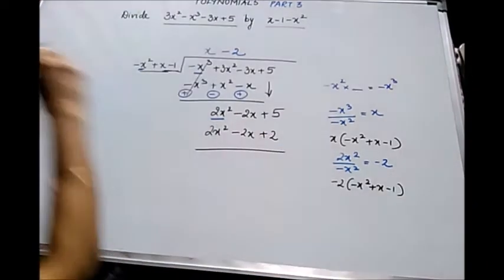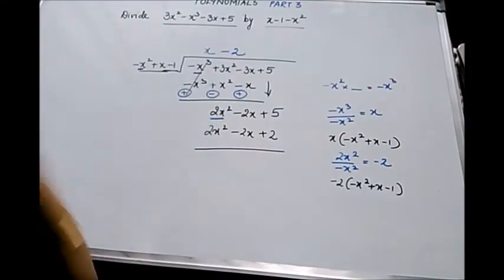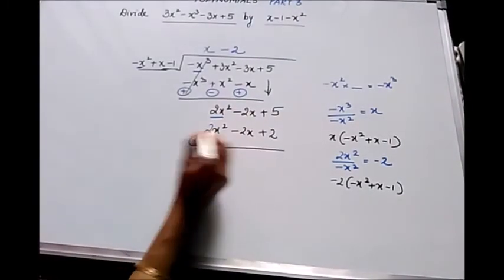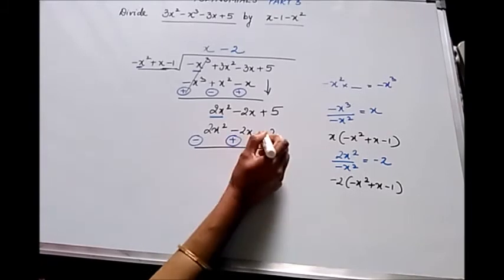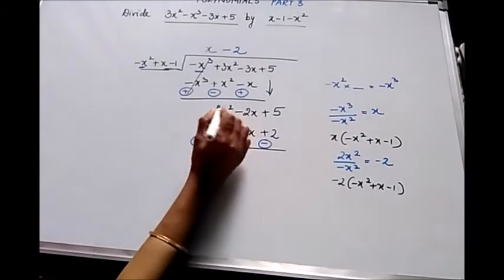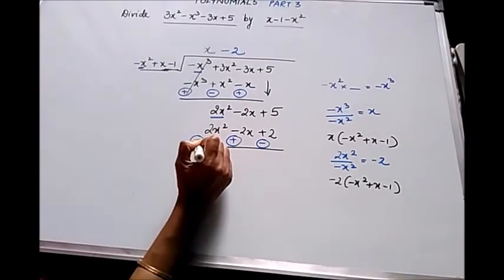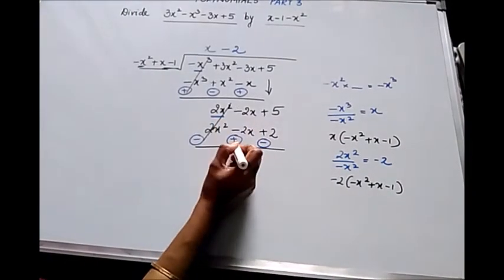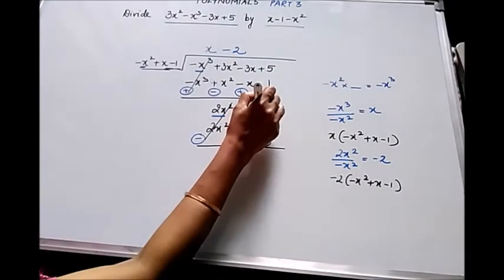What is the next step? Next step is to subtract. That is changing the sign. Here plus becomes minus, minus becomes plus, and here plus becomes minus. Now what do we get? 2x square minus 2x square will give me 0. That is, this term will get cancelled. Minus 2x plus 2x will give me once again 0.